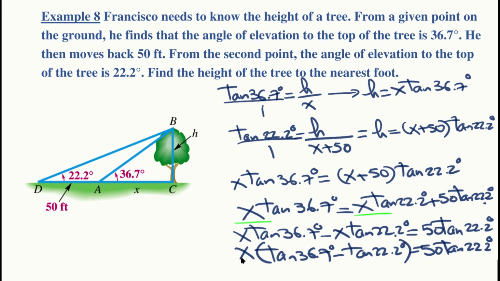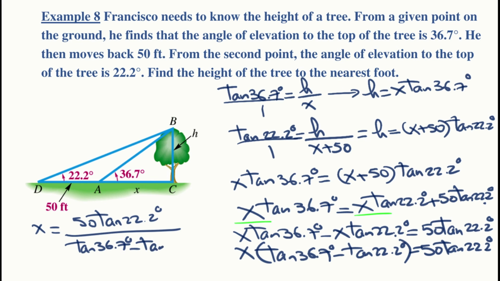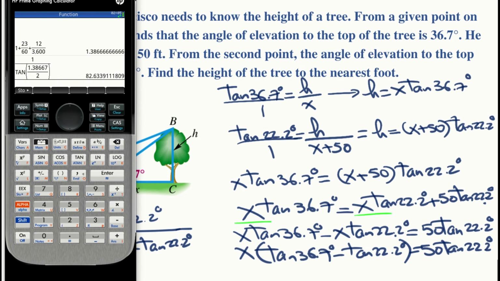We just need to plug it into a calculator. So we get x equals 50 tangent of 22.2 degrees divided by tangent of 36.7 degrees minus tangent of 22.2 degrees. Now we're going to carefully type that into our calculator.